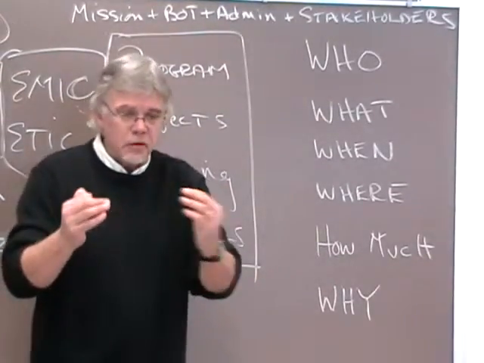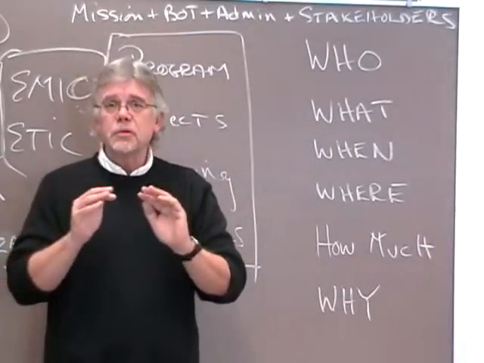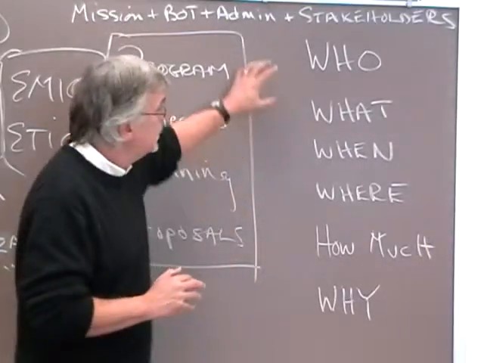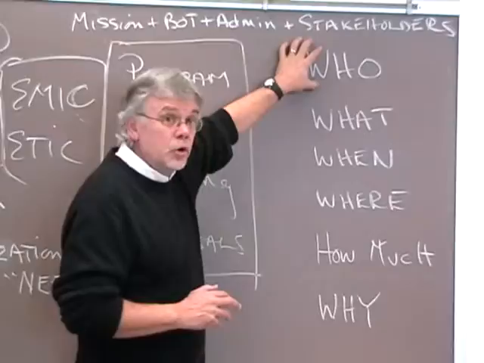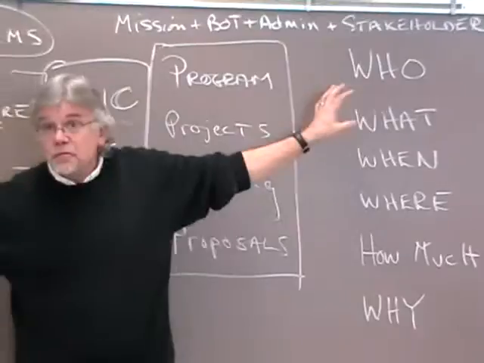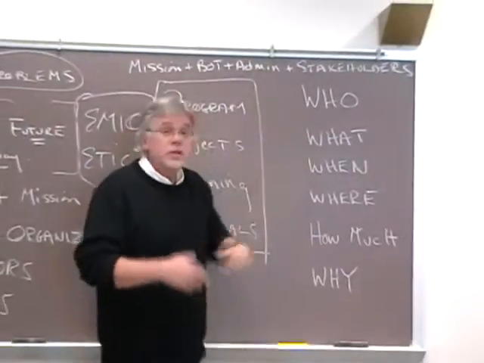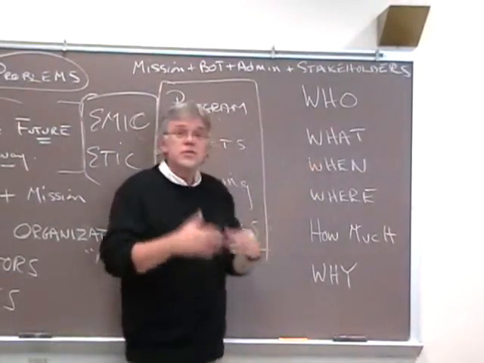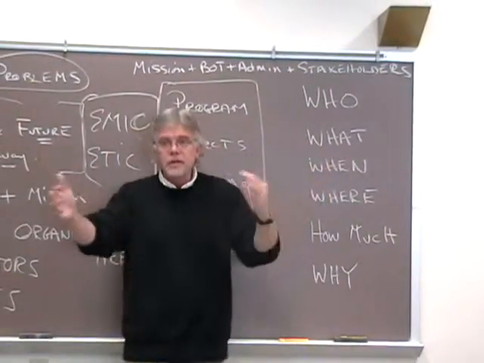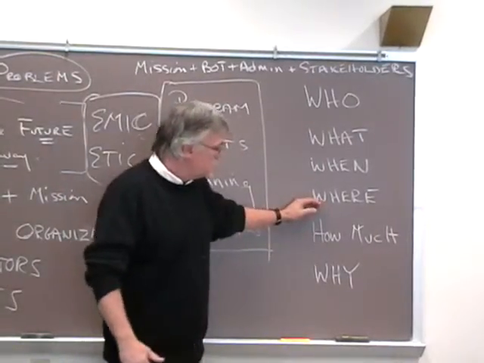You need to somehow finesse your way back to being able to do an honest needs assessment where you're looking at who the people are, good definitions there. What is the situation? When does this situation occur? Where are we in the world where this situation occurs?